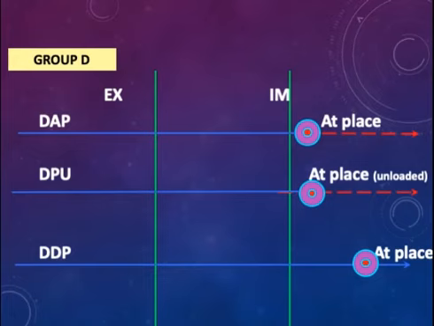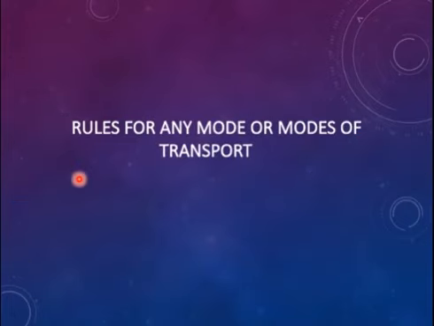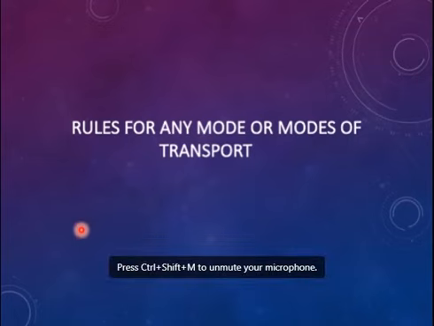Rồi bây giờ chúng ta sẽ đi vào nội dung của các điều kiện trong Incoterm. Chúng ta đi vào the first group, the rules for any mode or modes of transport. Do you remember how many rules in this group?